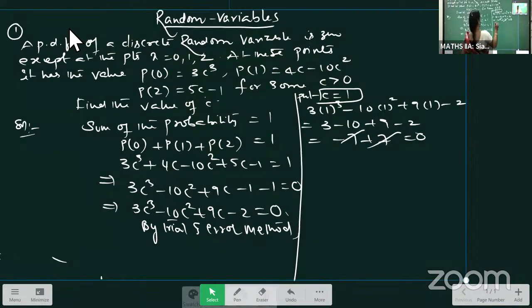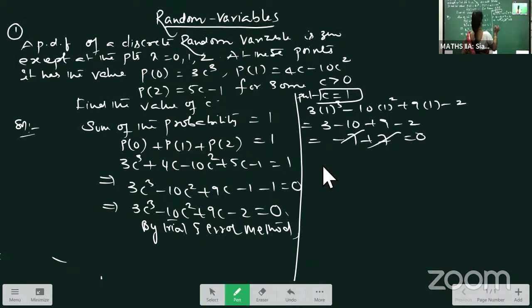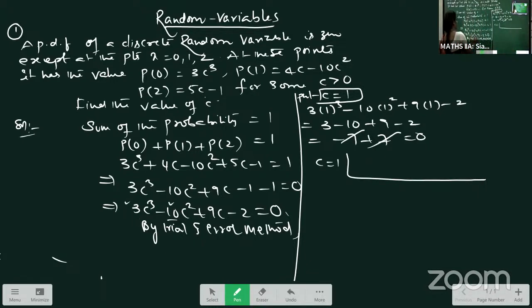See, now by synthetic division, what numbers are there? These coefficients are to be taken: 3, minus 10, 9 and minus 2.